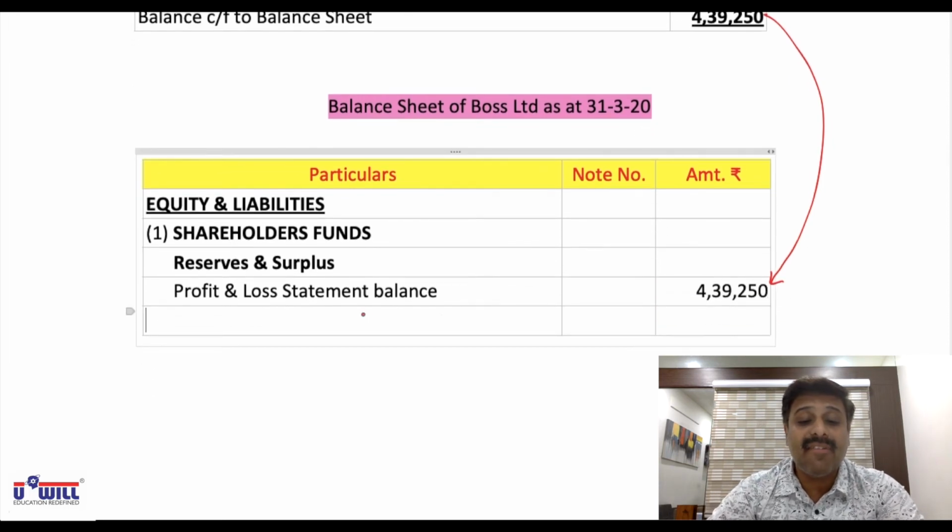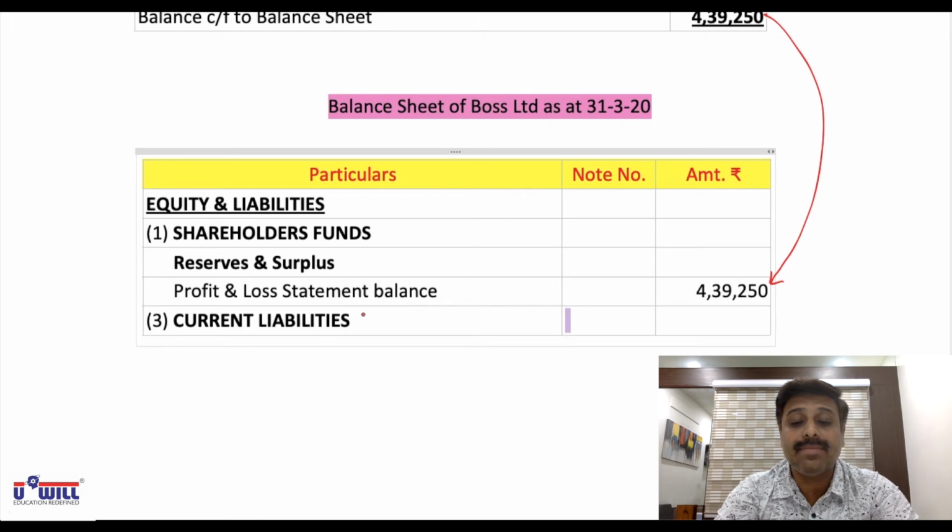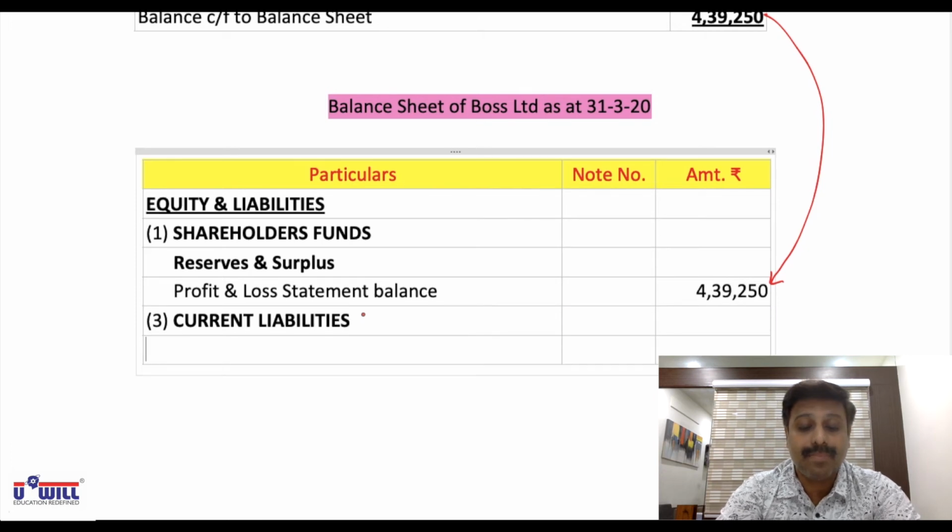After that, further effect will take place in the third note of current liabilities, within current liabilities, other current liabilities.